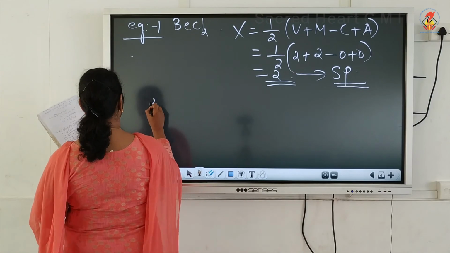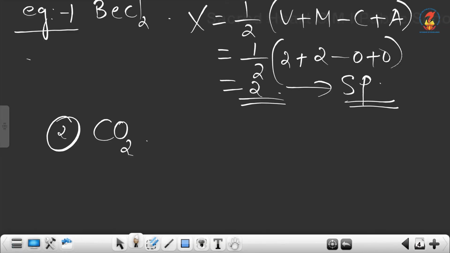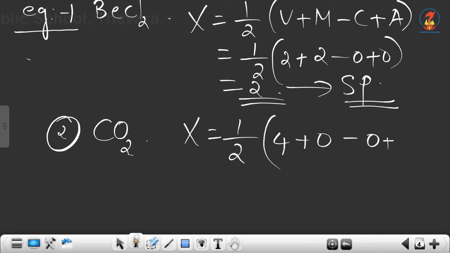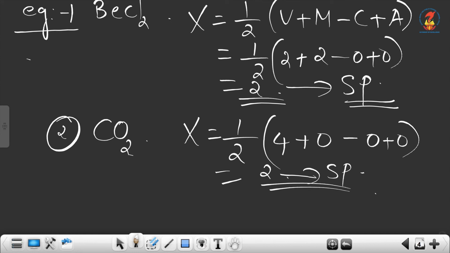Example 2, carbon dioxide. X is equal to half into the number of valence electrons in carbon, which is 4, plus 0 since we have no monovalent atoms, minus 0 plus 0. The value is 4 by 2, which is equal to 2, which means it is sp hybridization.